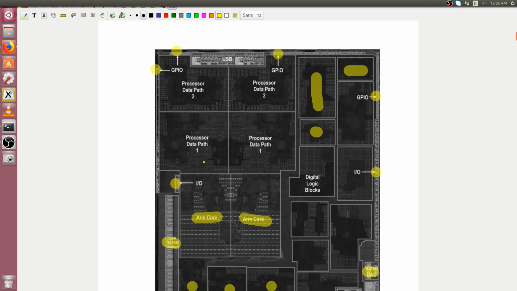If this is controlling all the arithmetic, well, we want to do a lot of arithmetic. We have to do all kinds of calculations. So this is going to have things like your ALUs, your arithmetic logic units. It's going to have any vector units or SIMD type units to do SIMD instructions. We'll talk about those later.